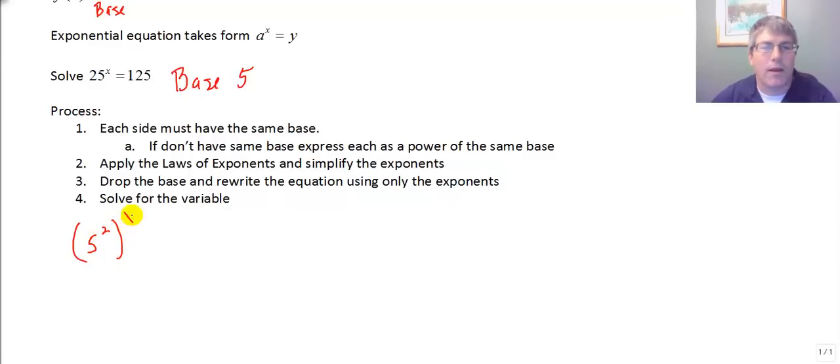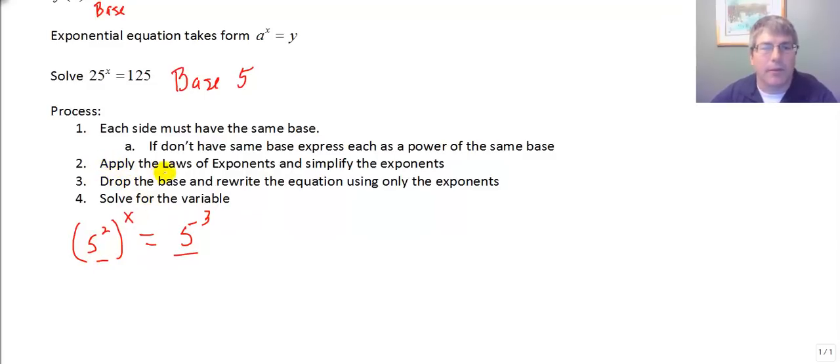So 5 squared raised to the x power. 5 squared is 25, raised to the x, and 125 is 5 cubed. So we have 5 squared to the x equals 5 cubed. Now we have the same base.